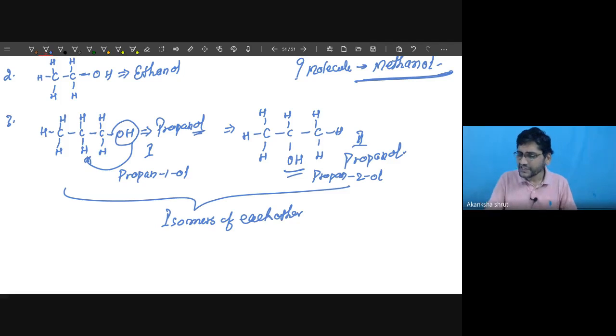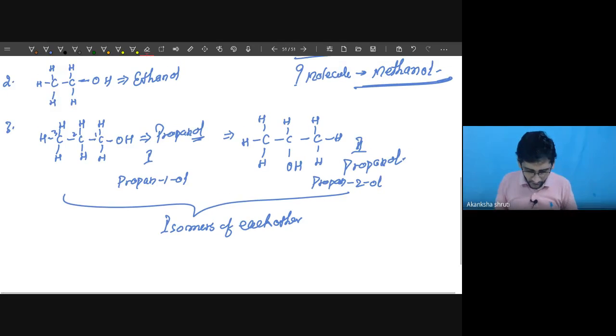In this second structure, the OH is always falling on 2. But in the first structure, we are bound to count from the carbon where the functional group is attached. Here we cannot start from this end like 3, 2, 1. This will be wrong. Okay, student? More detail we have learned last day. You can go to view those videos once or twice again. Okay, student? It was all about that.